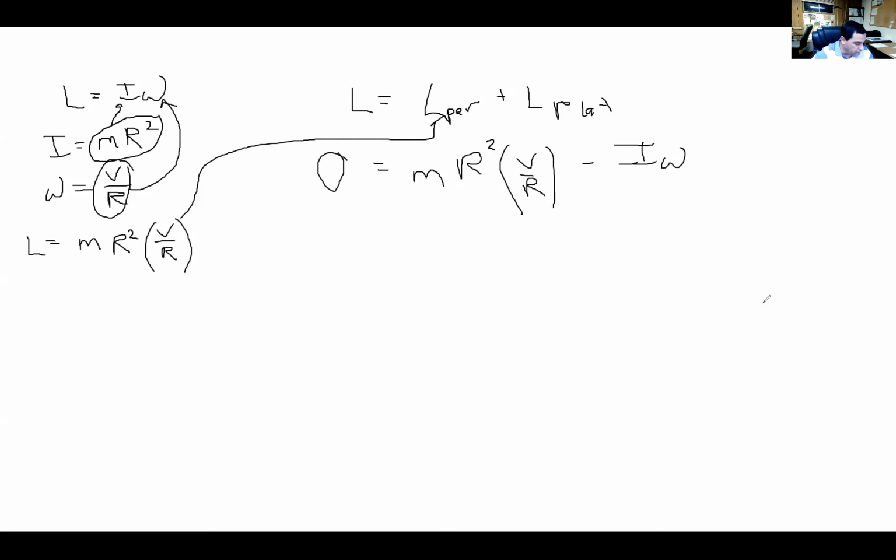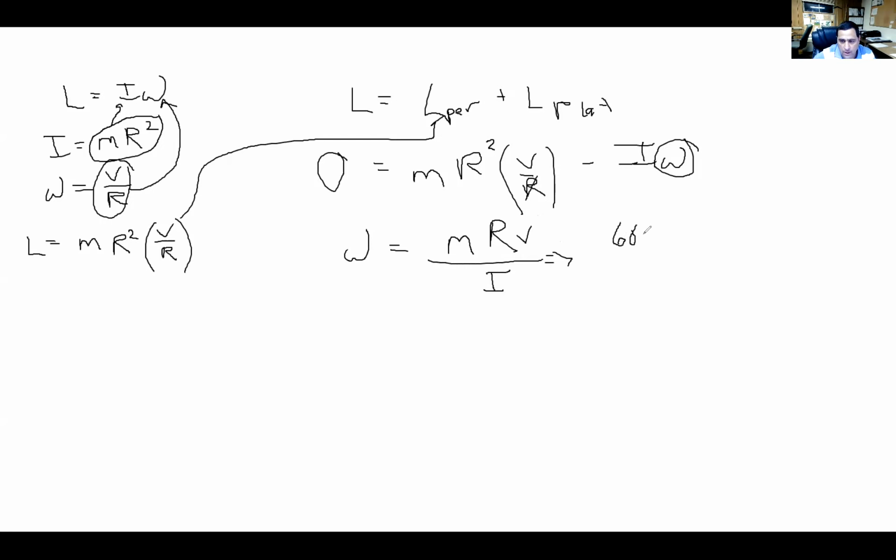Now, rearranging and solving, I can ditch one of these, right? And I can rearrange this to solve for the angular velocity of the platform. I would end up with m r, because one of them cancels because of the r in the denominator, times linear velocity over I. Well, they gave us the I of the platform. Otherwise, we would just get the moment of inertia for a disk and do the substitution, that equation is in that table in the previous chapter.